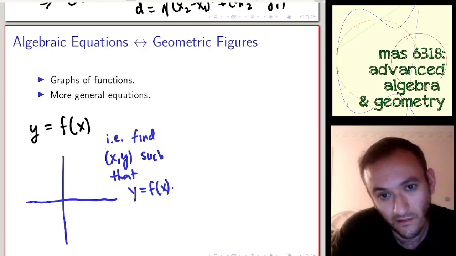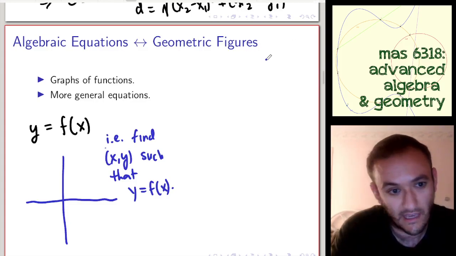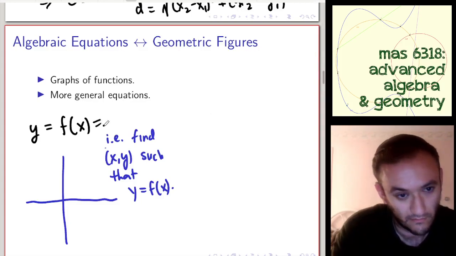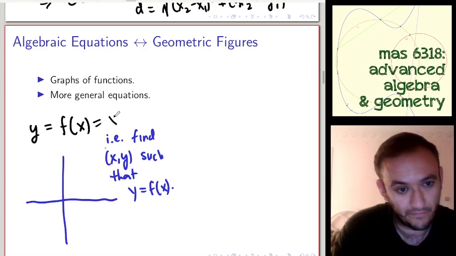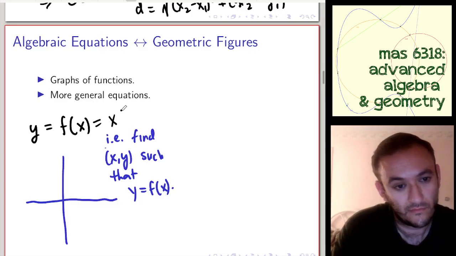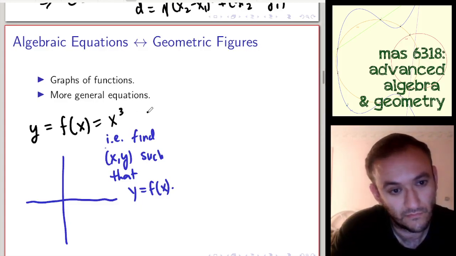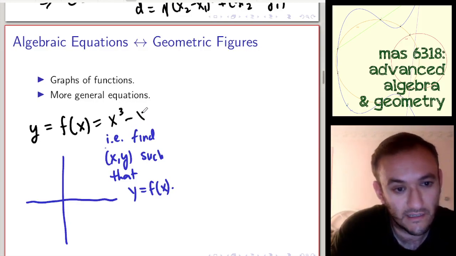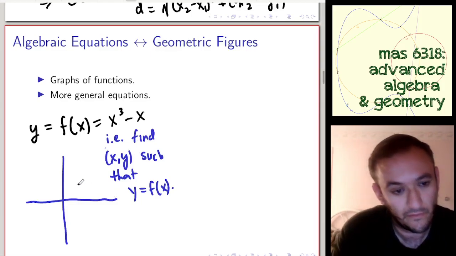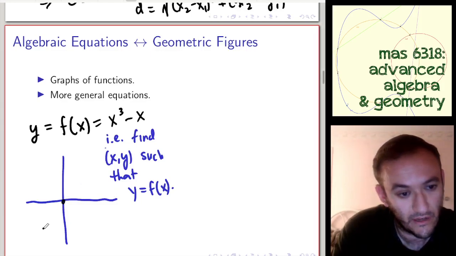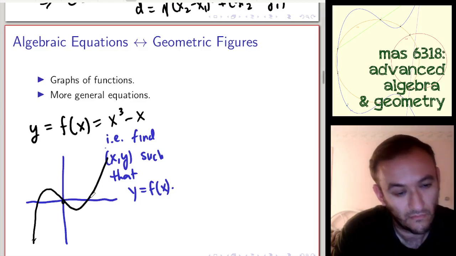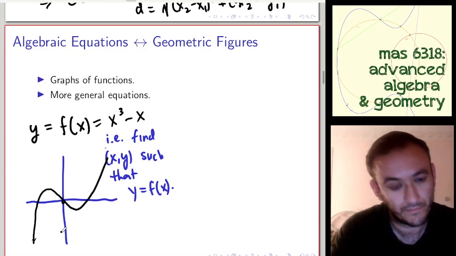Let's say in this case f of x is x cubed minus x. Then your function will look something like that.